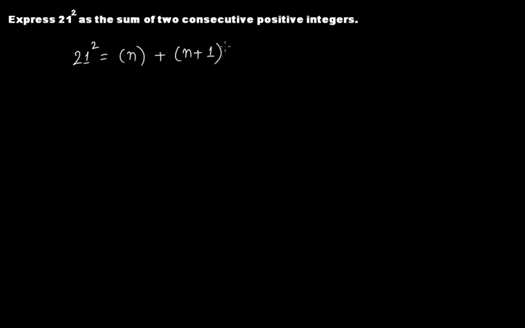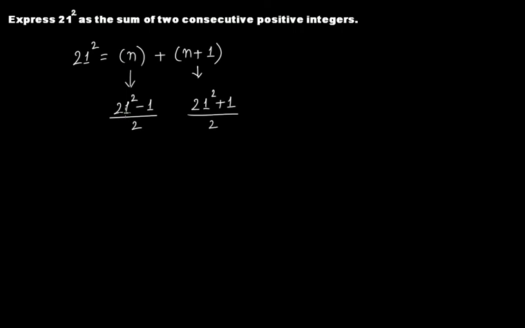We have discussed this property. The value of n can be given by 21 squared minus 1 divided by 2, and n plus 1, the two consecutive numbers, can be given by 21 squared plus 1 divided by 2.